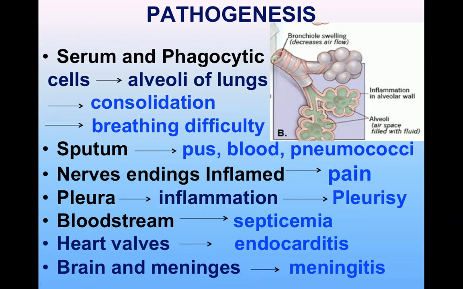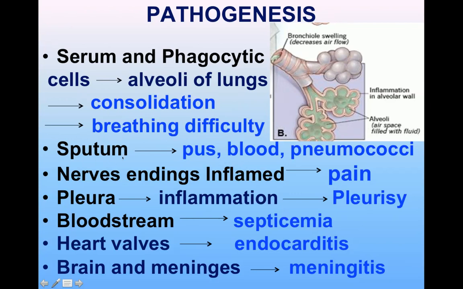Coming to the pathogenesis, once this organism is inhaled, it starts multiplying in the alveolar spaces, and as a result the serum and the phagocytic cells go into these alveoli of the lungs and fill up the space with fluid and these cells, resulting in consolidation of the lungs. The patient now has difficulty in breathing.